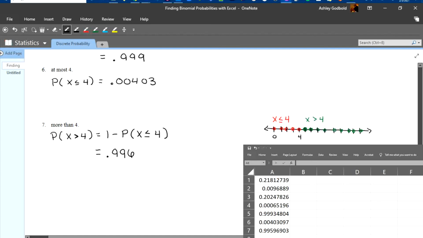And that's it. The big thing to remember is if you are doing a single value, you want to put a 0 in that last slot. If you're doing some range of values, you want to put a 1 in that last slot. And you always want to make sure your probability is written as a less than or equal to.